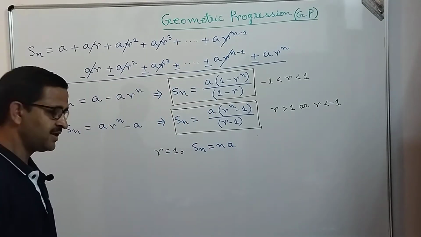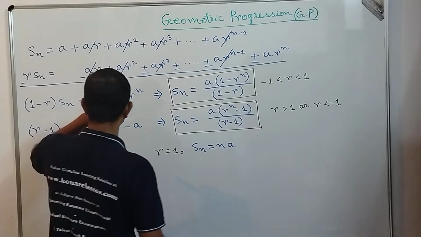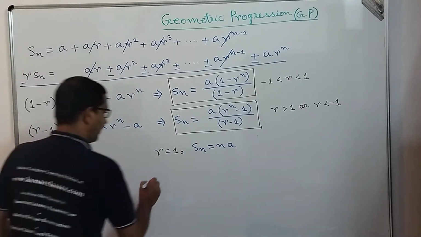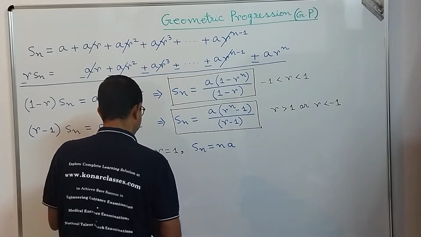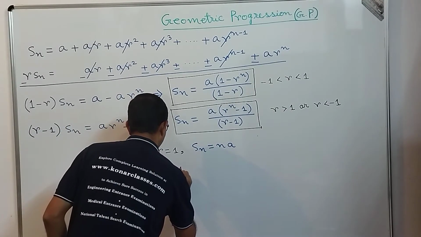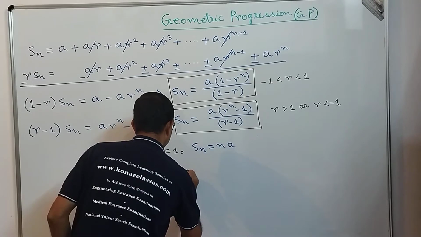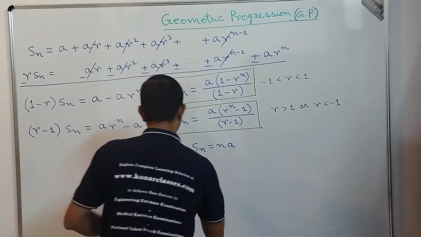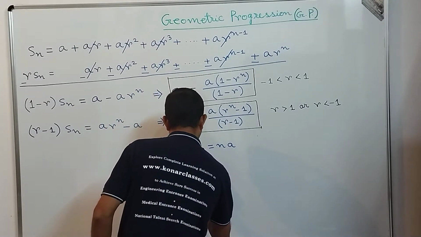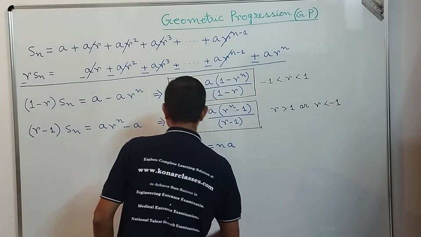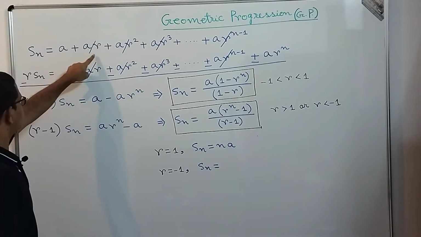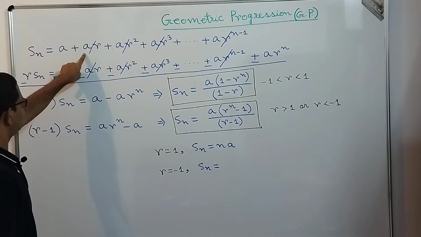Correct? And when r equal to -1, let me write it here, r equal to -1, then we are going to get Sn equal to, let's consider these are the two terms, a and minus a, which is 0.